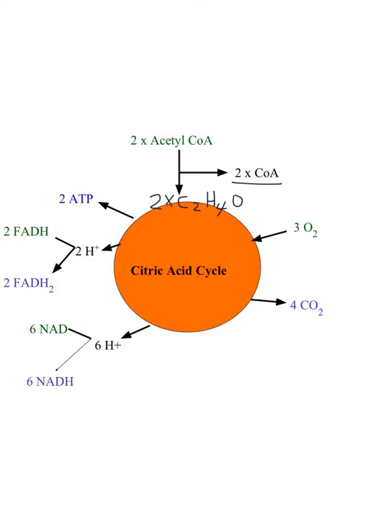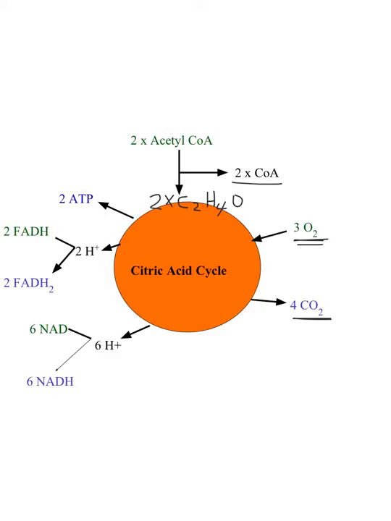Well, if we want to strip our carbons and oxygens off as CO2, we do indeed have 4 carbons there, but we certainly don't have 8 oxygens. So we have to borrow oxygen from another source. So we're going to use 3 oxygens and pump them in here. That'll give us enough oxygen to make CO2.